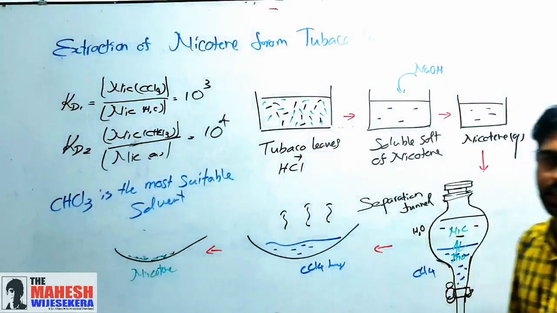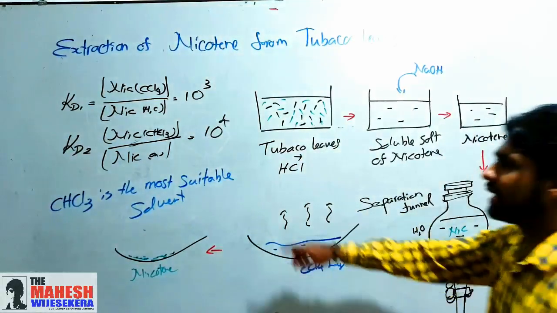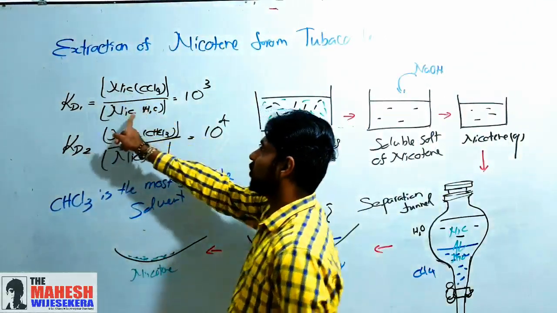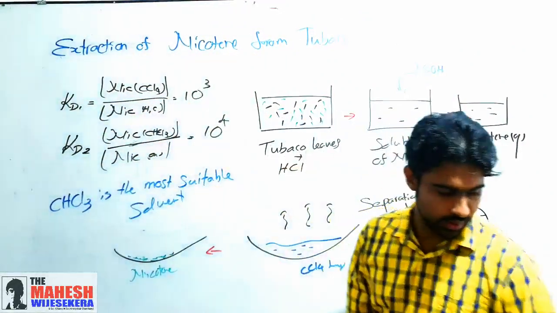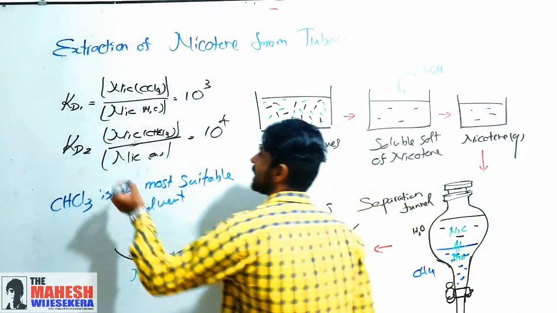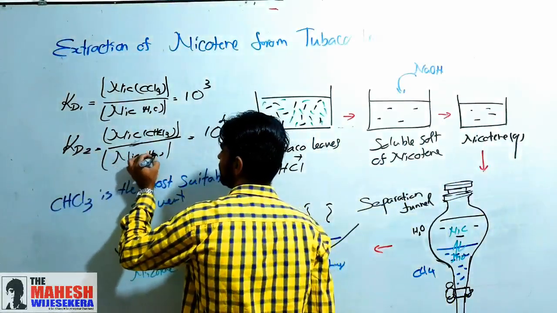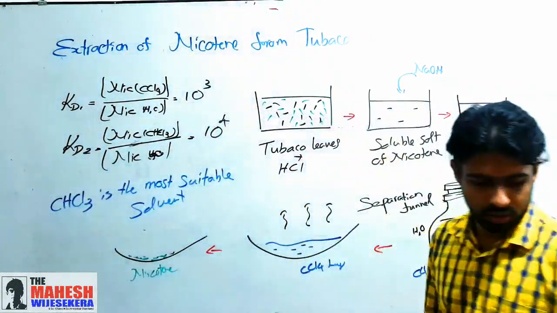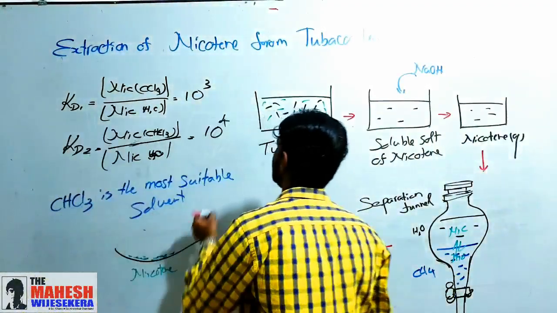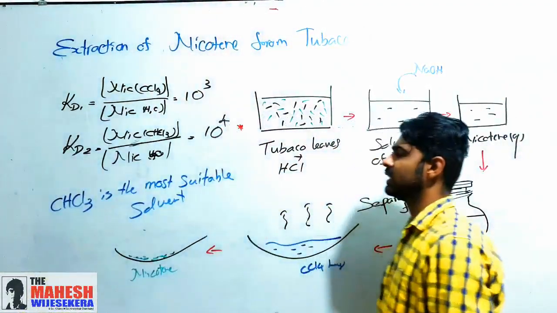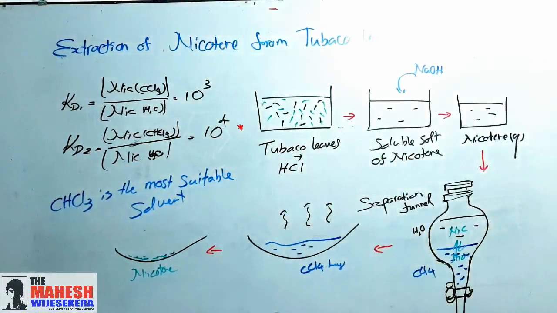Kd1, nicotine CCl4 over nicotine water, is 10 to the power 3. Kd2, nicotine CHCl3 over nicotine aqueous, is 10 to the power 4. So what is the best solvent? This is the best one. CHCl3 is the most suitable solvent.